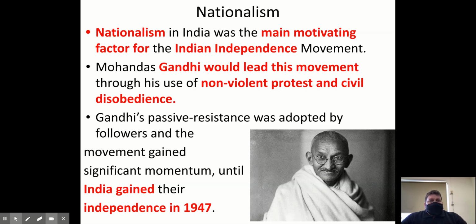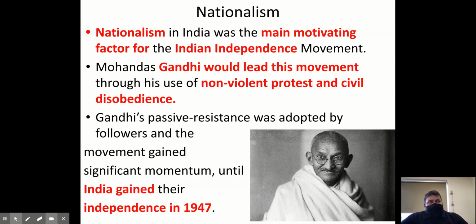So, for example, one important event that you will learn about is what's called the Salt March. So what Gandhi does here is Britain is forcing India to buy all of their salt directly from Britain. They're not allowed to buy salt from anywhere else. They're not allowed to cultivate their own salt from sources in India. Any salt that is available in India has to be purchased from the British. They are the only ones allowed to sell it there.